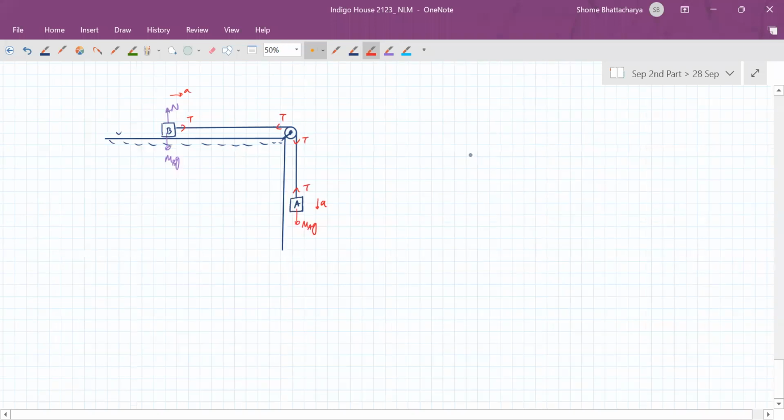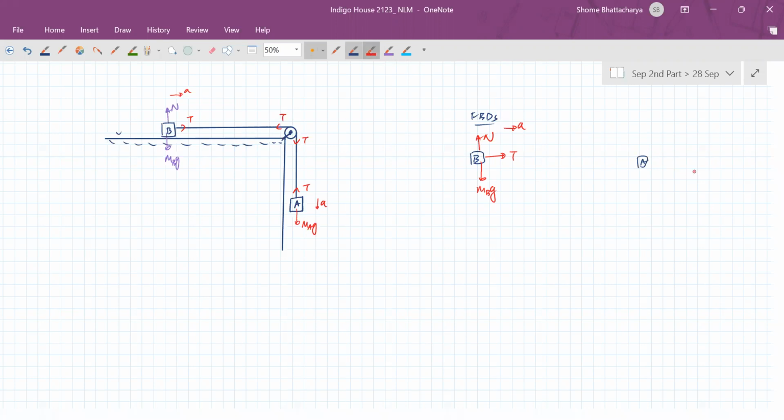So for the block B, you can see that no resolution is needed. It's a very simple situation. It's having a horizontal acceleration A. And for block A on the other side, it's even simpler. It's having a vertical acceleration A because only two forces are acting, out of which the weight is dominating. So for this, we have the equations along the horizontal.